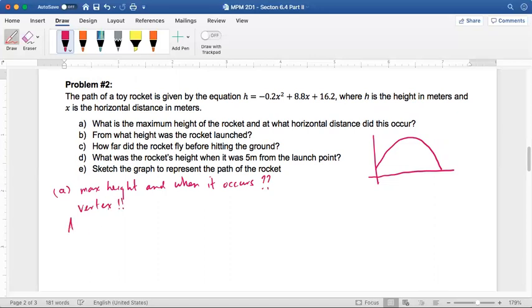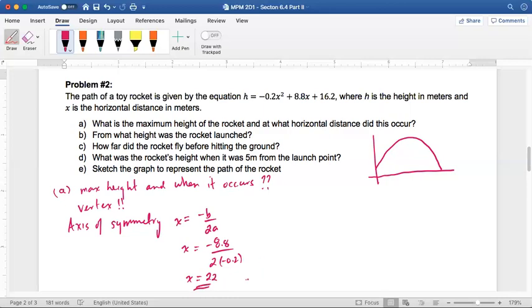So I'm going to find the axis of symmetry using my favorite method, which is negative b over 2a. And in this particular question, it's going to be negative 8.8 over 2 times negative 0.2. When you do that arithmetic, you will get x is equal to 22. So your axis of symmetry is 22.